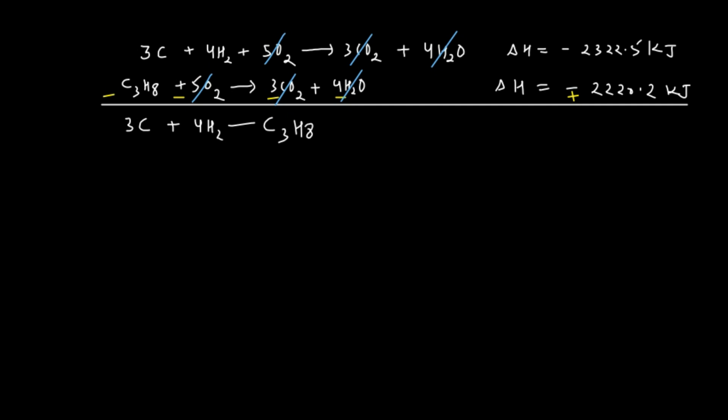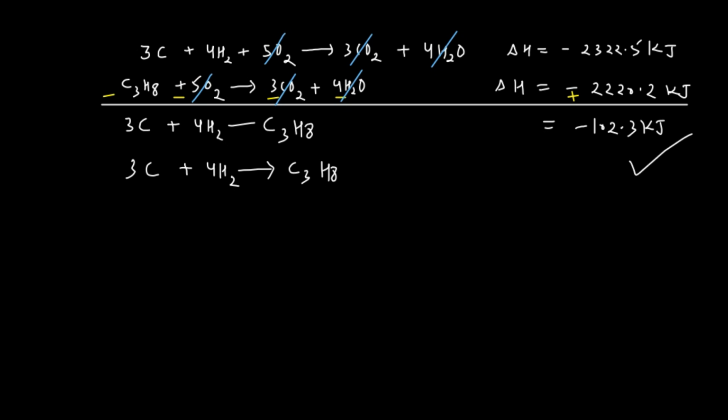C3H8. And if you rearrange this particular reaction, this is 3C plus 4H2, and then I'll take this C3H8 and put it on the right hand side of the equation, then this negative propane will become positive propane, and if you do the subtraction for these values, this will become minus 102.3 kilojoule.